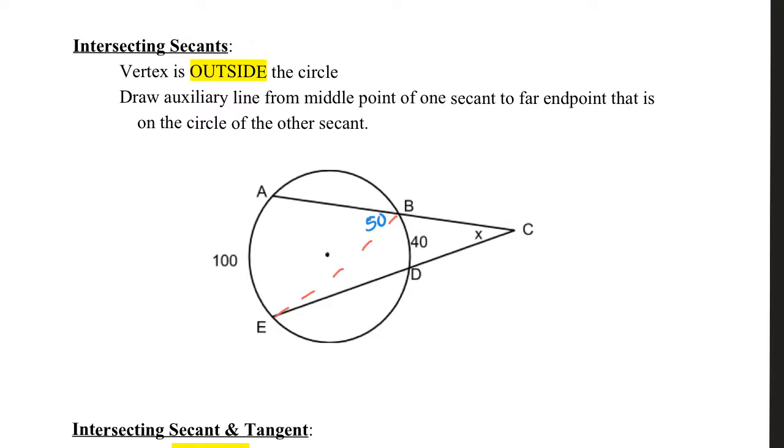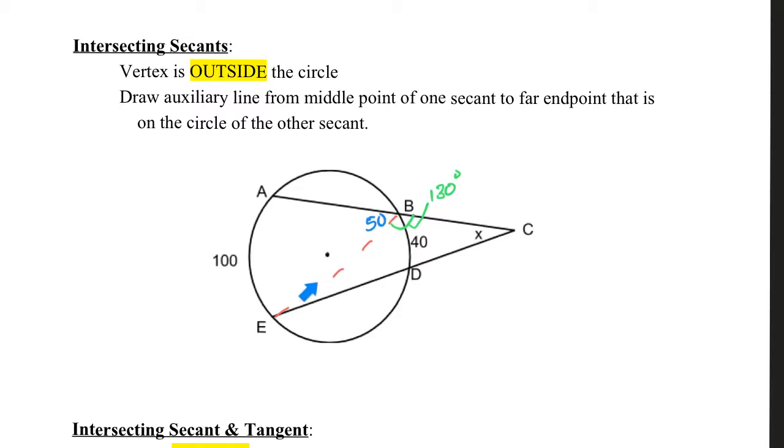Okay, now I can realize that this other side right here, from the red line over to there, is a linear pair with 50 degrees. So the top angle of my triangle that I created is 180 minus 50, which is 130 degrees.